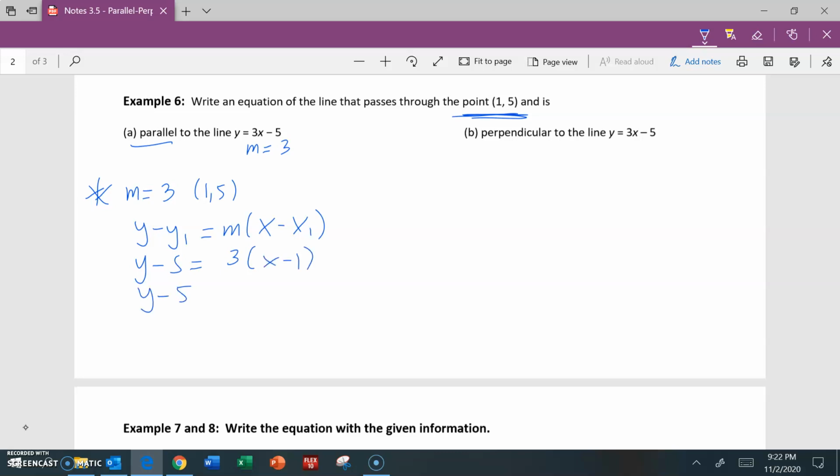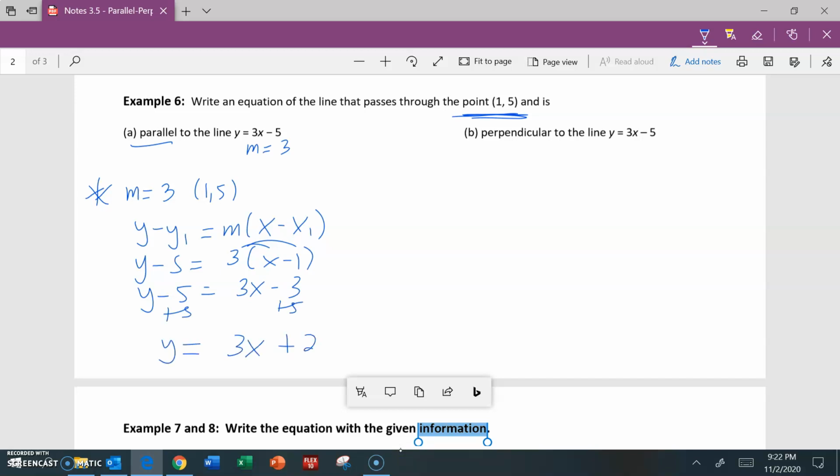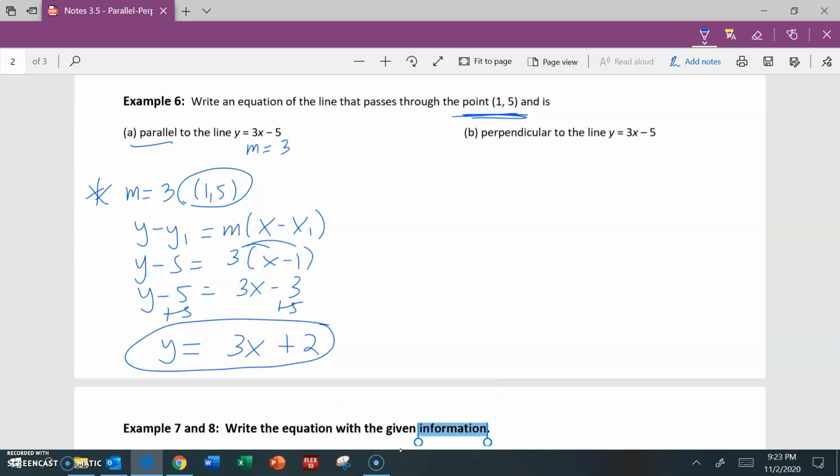Now remember, your goal is to get y by itself, but we're going to distribute. And then I can add 5. y equals 3x plus 2. To check it, when I plug in 1 from this point, it should pop out 5. 3 times 1 is 3 plus 2 is 5, and it checks.